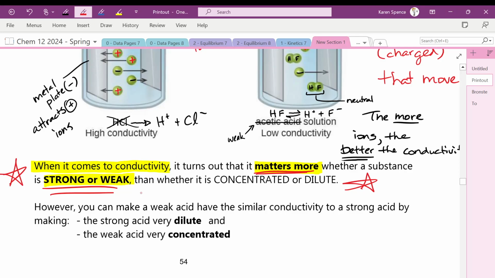However, you can make a weak acid have similar conductivity to a strong acid by making the strong acid very dilute and making the weak acid very concentrated. It's not impossible, it just takes a while.